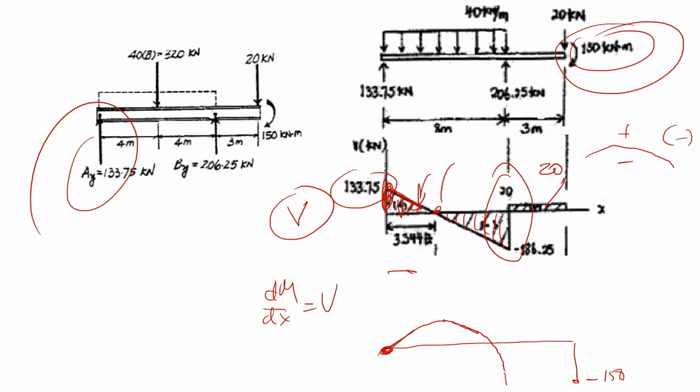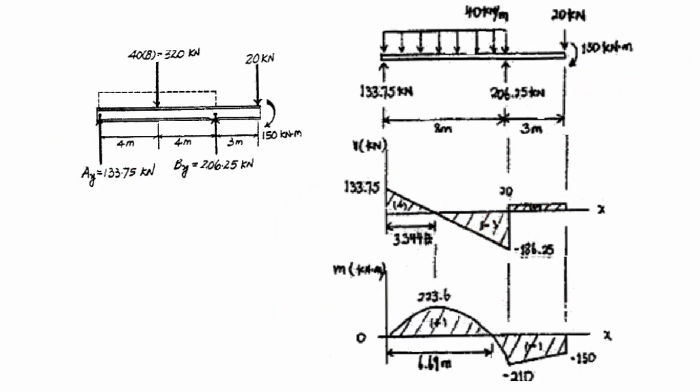So it goes from here with a slope of plus 20 to the free end of this beam. Looks like this. So as you see, at this point, slope is positive. At this point, slope is 0. Here it's negative. Here the slope is constant, plus 20. Here the moment is 150.